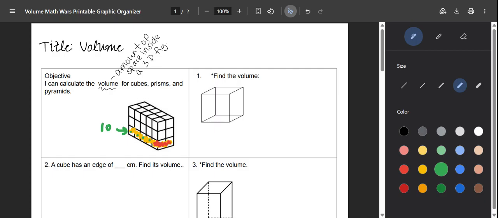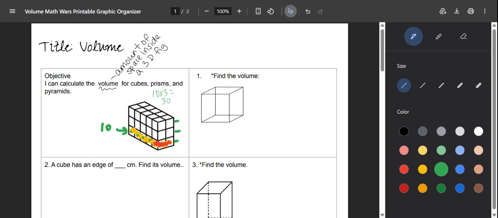If I wanted to find out how many blocks I need to fill the whole thing, well, I've got 1, 2, 3 layers of blocks, so I would do 10 times 3, and I would say the volume, the amount of space in this shape, is 30 cubic units, okay?